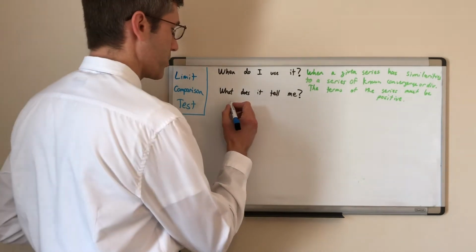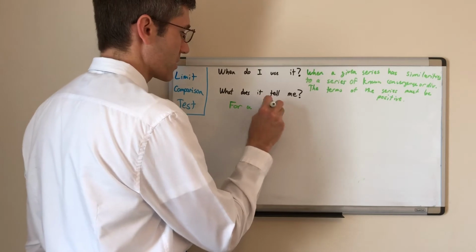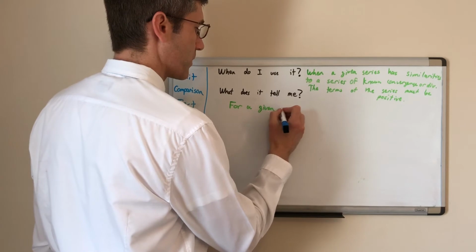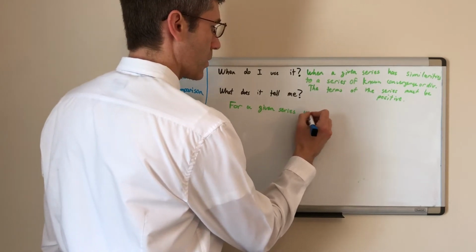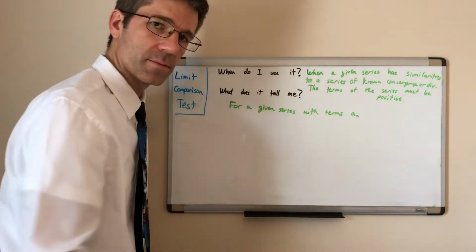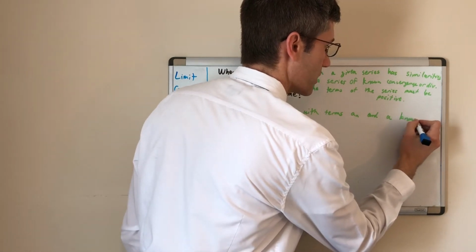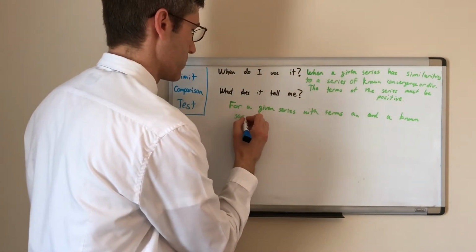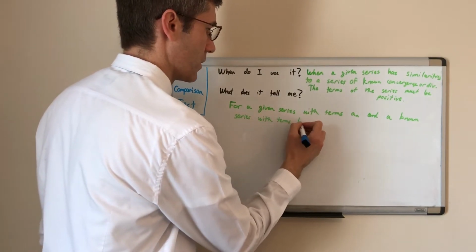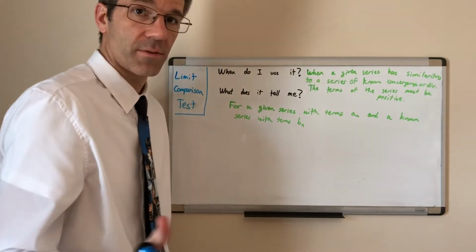Well, let's talk about how we use it. For a series, let's call it the given series. That's the one they're giving you, and they're asking, is this convergent or divergent? For a given series with terms that are an, for example, and a known series with terms bn, I know it as in like it's convergent or divergent.